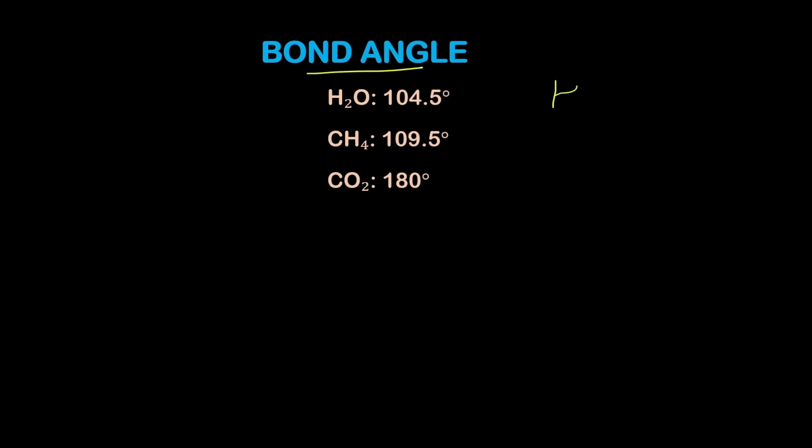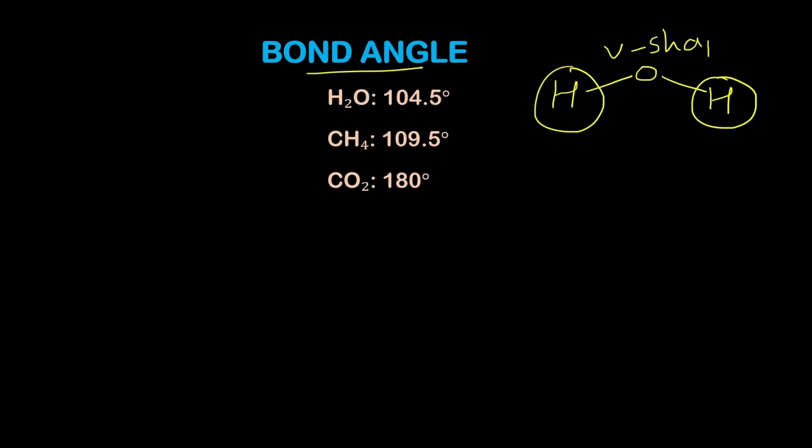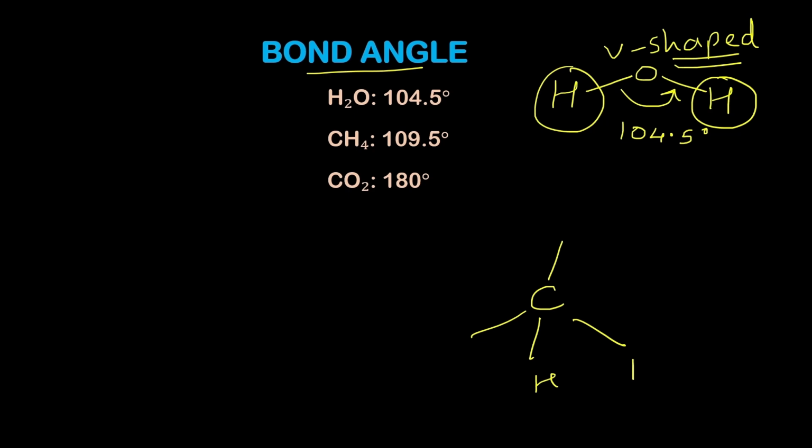For the water molecule, I have the central atom oxygen located, around which we have two hydrogen atoms. In this case, it has been experimentally seen that it shows a V-shaped bent molecule. This V shape actually shows us the bond angle to be 104.5 degrees. Similarly, for methane, that is CH4, it gives us a tetrahedral shape.